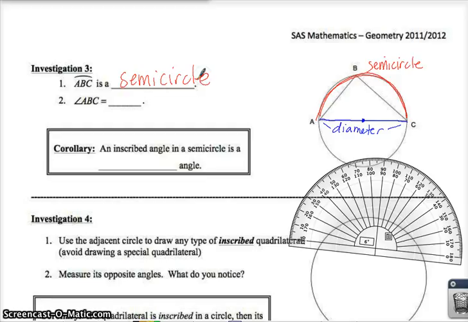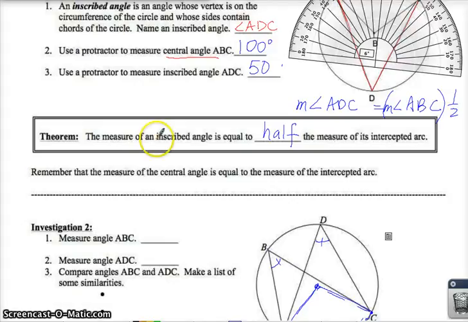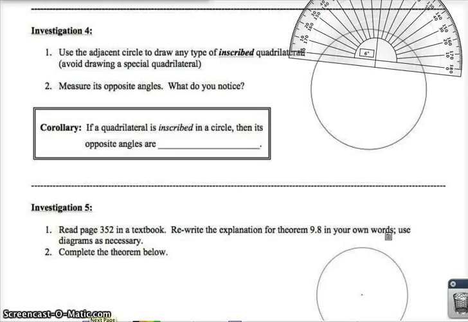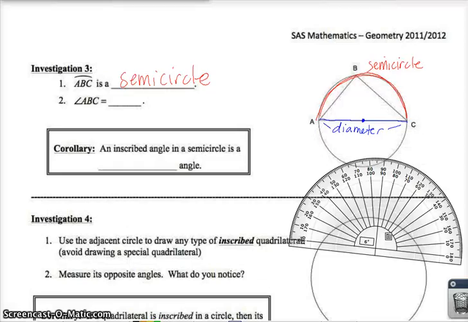Well, if arc ABC is a semicircle, then what does the measure of angle ABC equal? Well, we just learned back here, on this previous page, that an inscribed angle is half the measure of its intercepted arc. So an inscribed angle is half the measure of its intercepted arc.